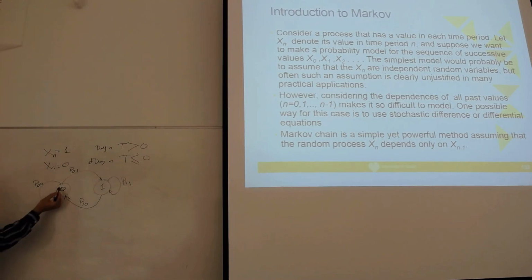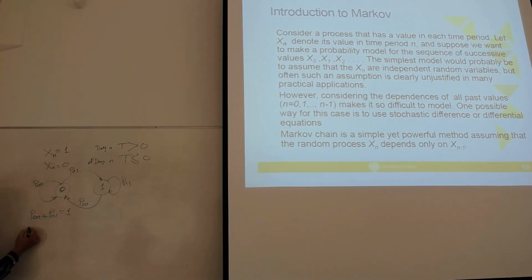Remember that for every state, the total probability coming out from the state must be 1. So if you are in state 0, the probability P00 plus the probability P01 must be 1. Because if today is less than 0, you have two options for tomorrow, either less than 0 or greater than 0. You don't have another option. So in that case, the probability must be 1.